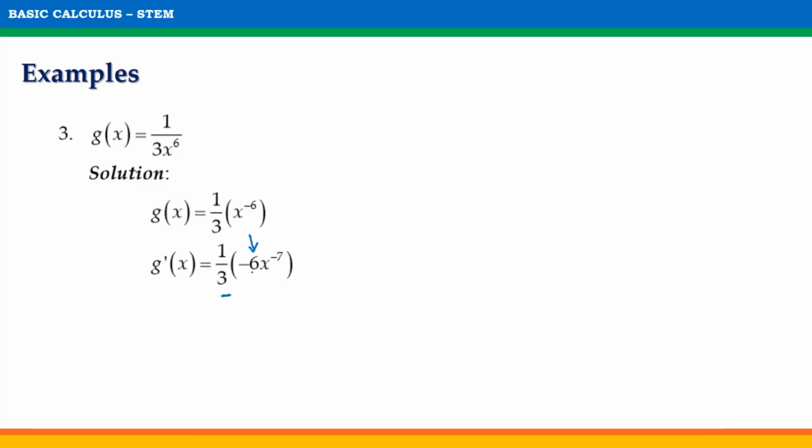Multiplying 1/3 and negative 6, we will have negative 2, then copy x raised to negative 7. Therefore, the derivative of g of x is equal to negative 2x raised to negative 7. When we write x raised to negative 7 with a positive exponent, then we will get negative 2 over x raised to 7.